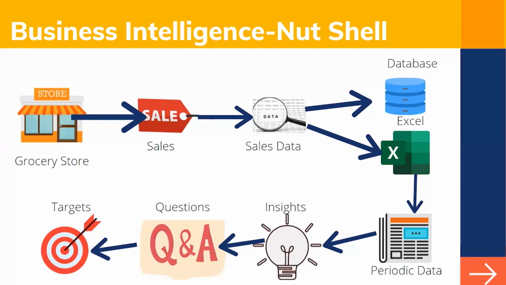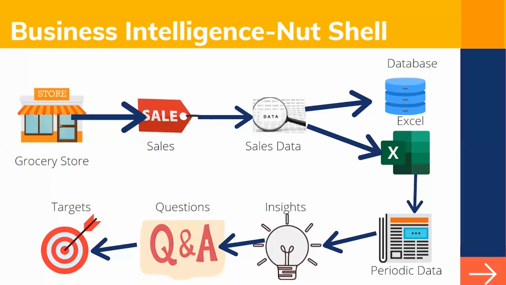From the whole lot of data, for example for Fair and Lovely, what were the sales for the last 2 weeks. If you have to identify that, you will get only those records wherein Fair and Lovely was sold from the whole lot of data.